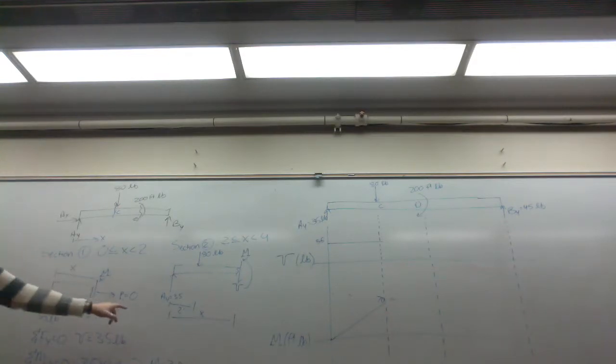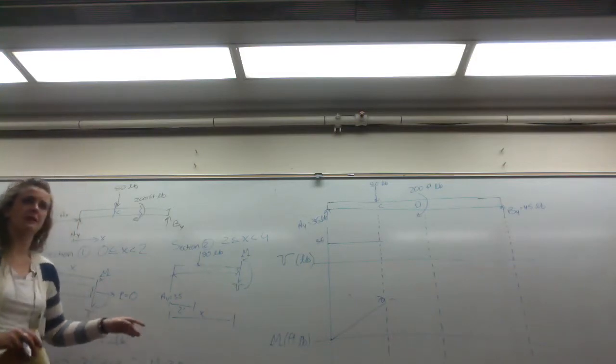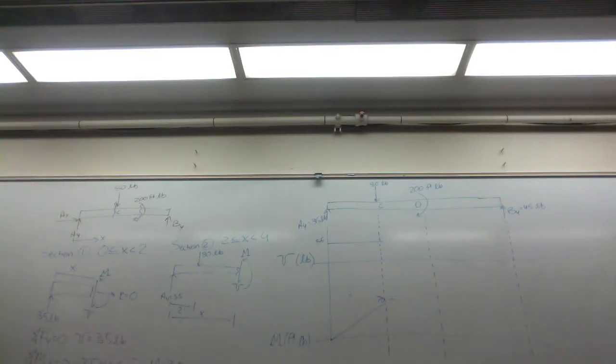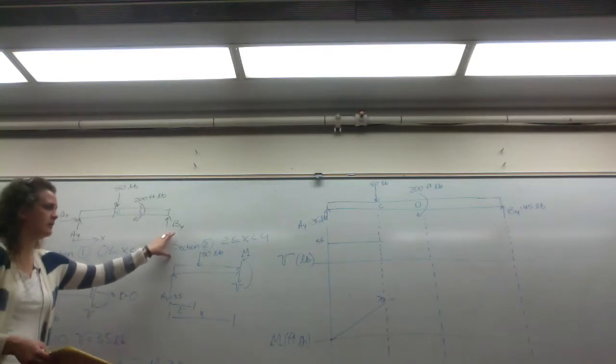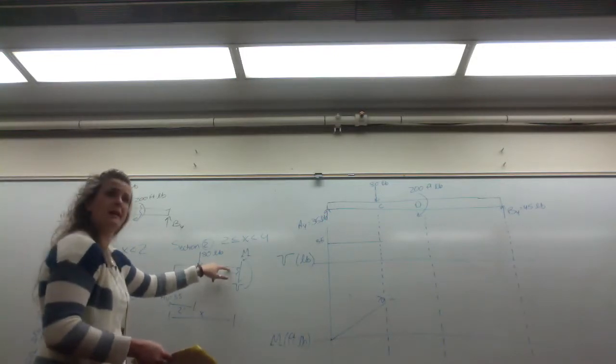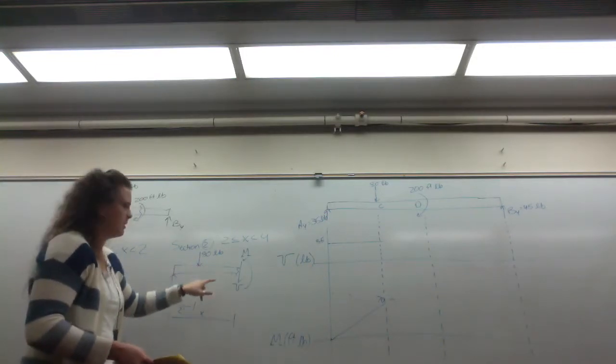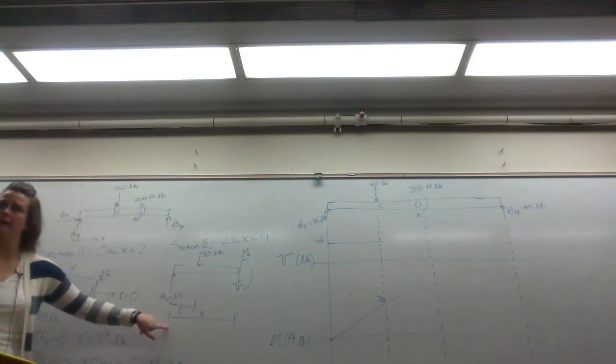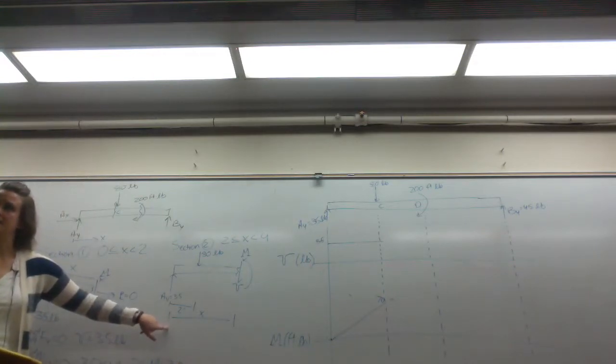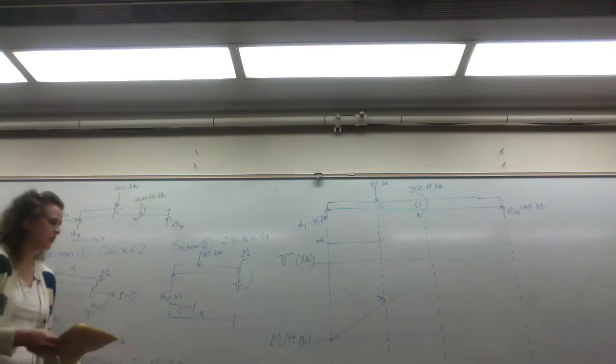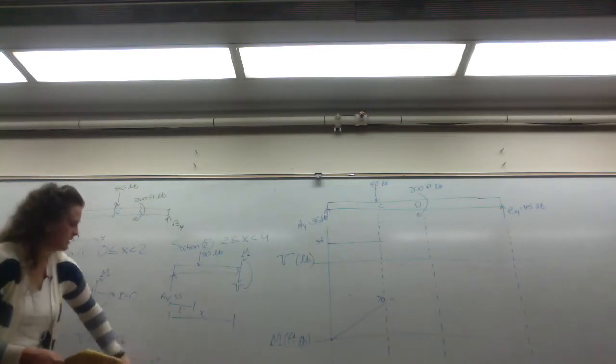But we're starting here at A because we can't make 2 cuts. So this is where we're making our cut, this is where we're analyzing it, but our x is in reference to A. Does that make sense? So then we can apply our equations of equilibrium.